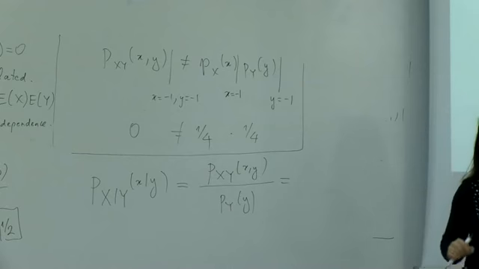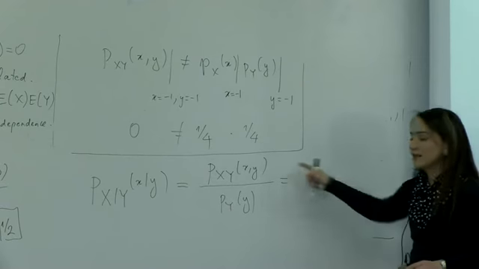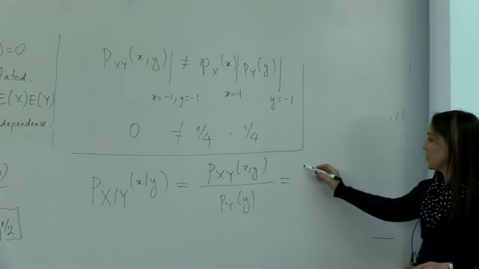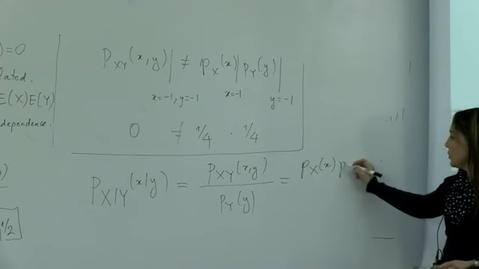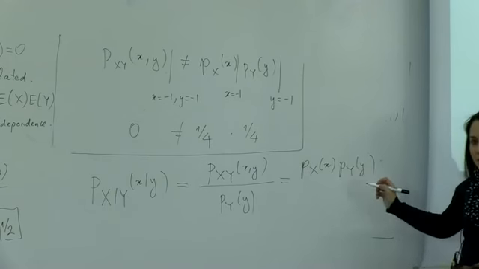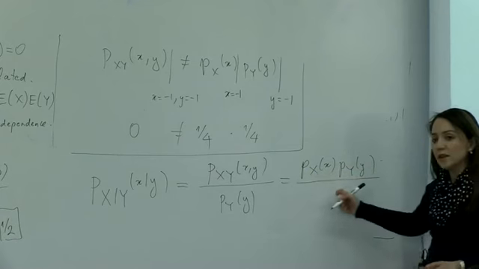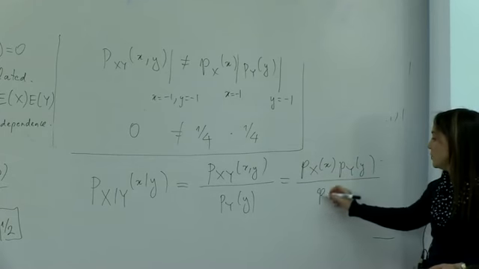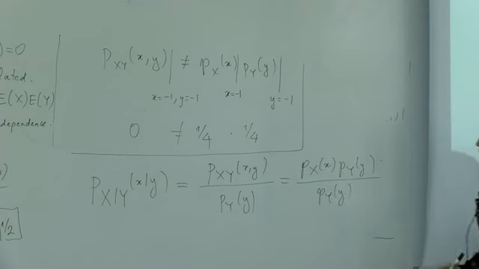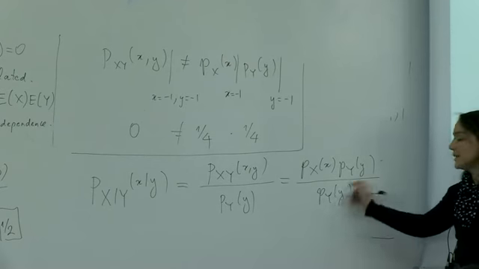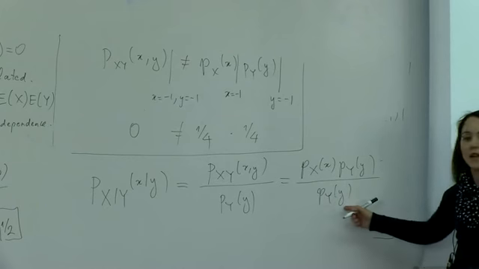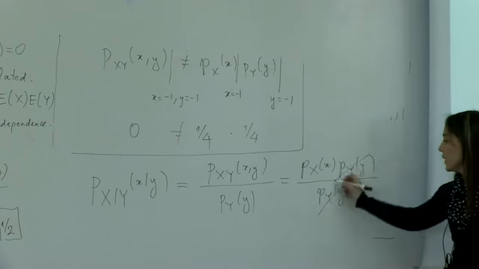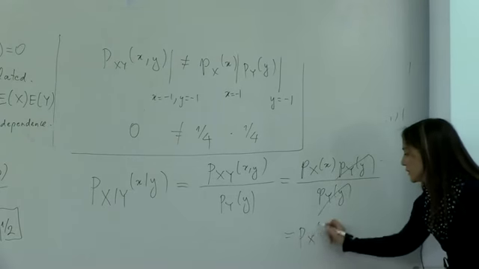You tell me, Selin. This breaks down into Px of x times Py of y, right? And in the denominator, we have Py of y. So what happens, Selin? Then we have Px of x. Exactly. Py of y is cancelled, provided, of course, this is not 0. And we get Px of x.